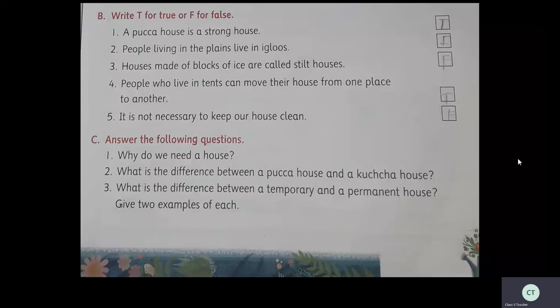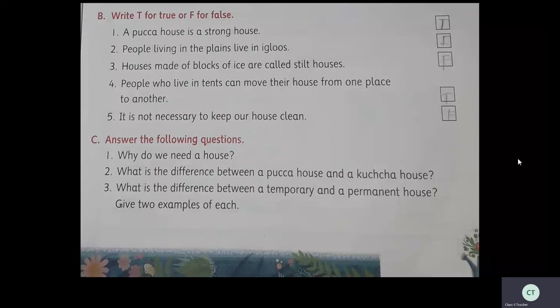The next, answer the following. First question, why do we need a house? Now, tell me, children, why do we need a house? Yes, we need a house to live in. It keeps us safe and protects us from all kinds of dangers.